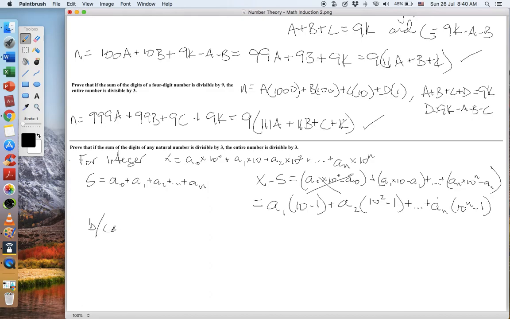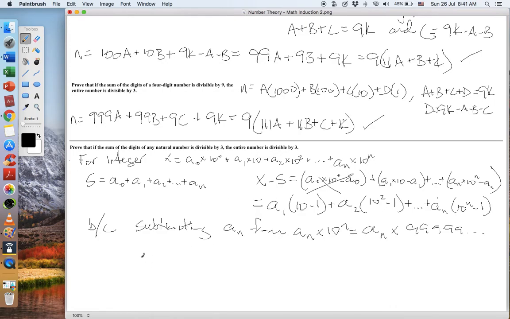And that's again because subtracting a sub n from a sub n times 10 to the nth is equal to a sub n times just some string of 9s. We went from this 10 to the nth and subtract a sub n, and so it's just a sub n times 10 to the nth minus 1.